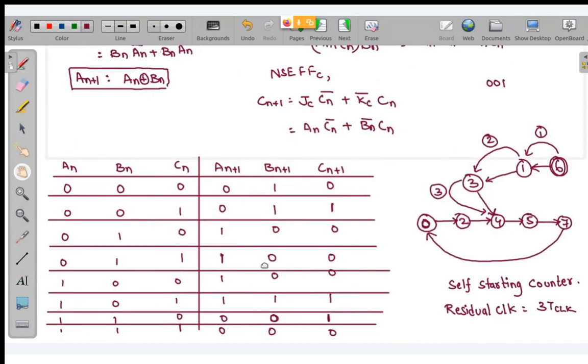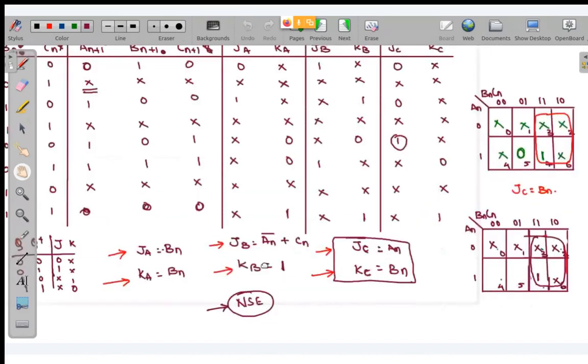And with the help of the state table, you have to see whether your counter is going from any of the unused states into a used state, then you will say it is a self-starting counter. And if they ask for residual clock pulse, you need to search for the maximum number of clocks your counter takes going from an unused state to a used state. Tell me if this is clear or not. Is this clear, everyone? Any doubts?